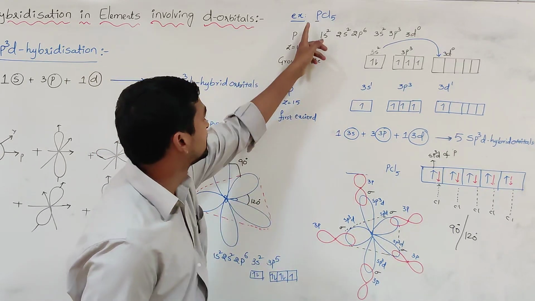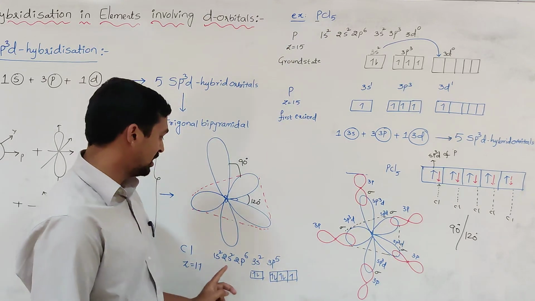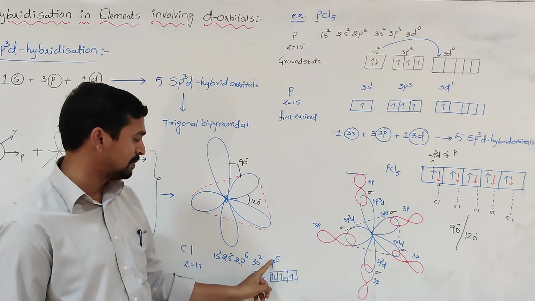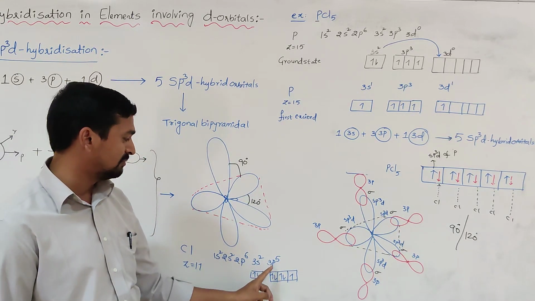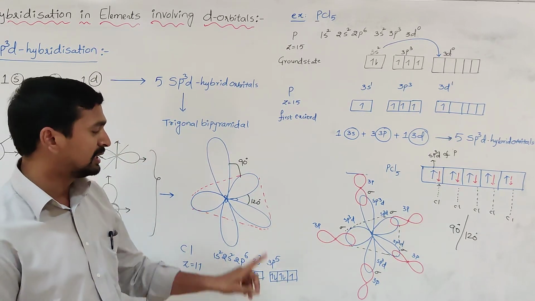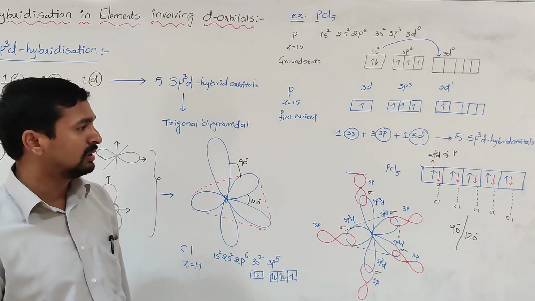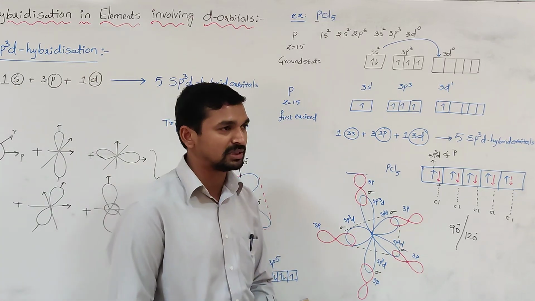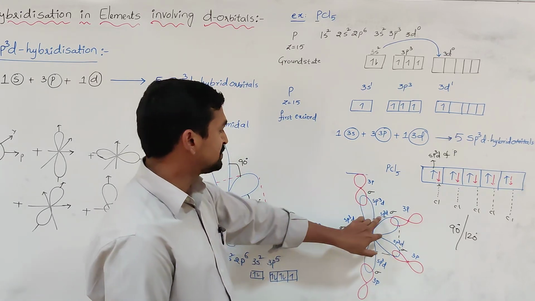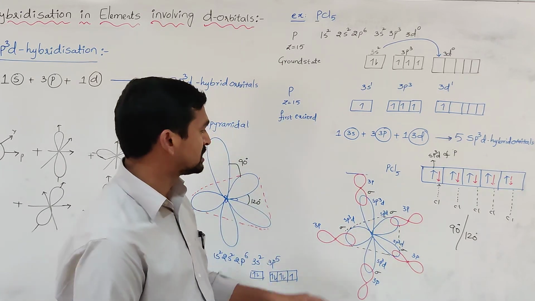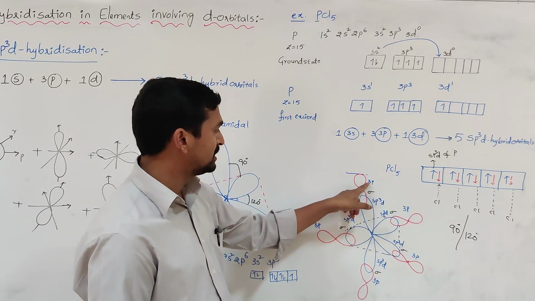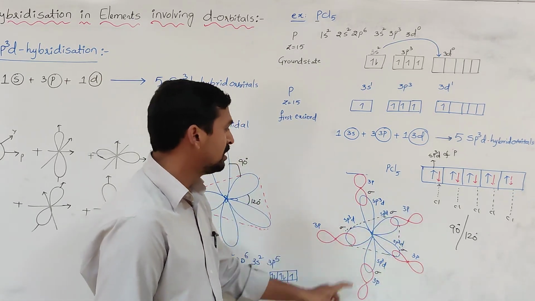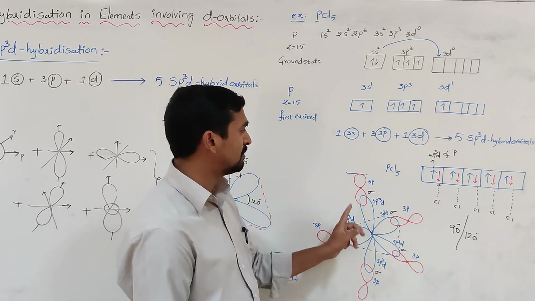So now the phosphorus is connected to the chlorine. The chlorine electronic configuration is 1s2, 2s2, 2p6, 3s2, 3p5. In the valence shell, one of the 3p orbitals contains an unpaired electron. That 3p orbital tries to overlap with sp3d, so that each sp3d hybrid orbital of phosphorus overlaps with the 3p orbitals of chlorine atoms to form 5 phosphorus-chlorine sigma bonds.